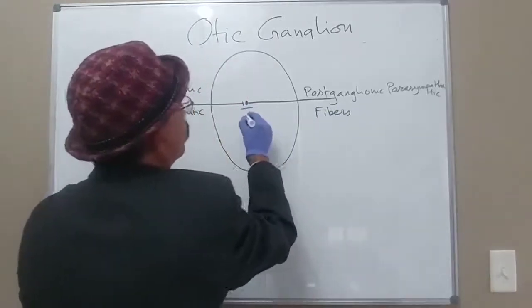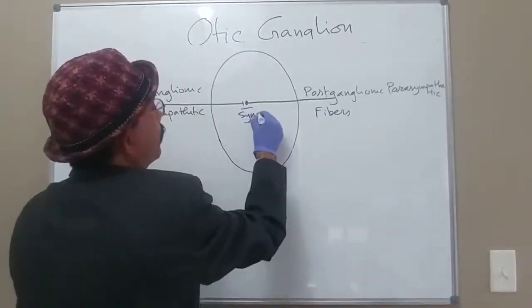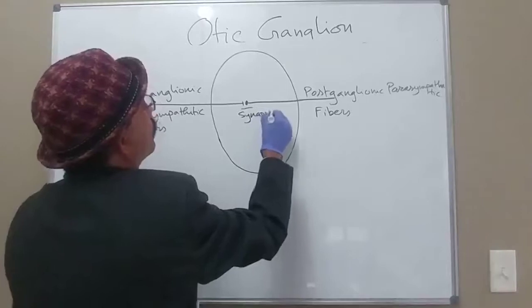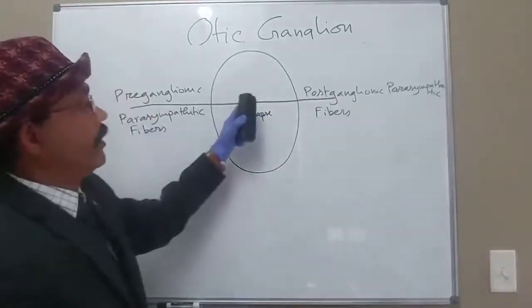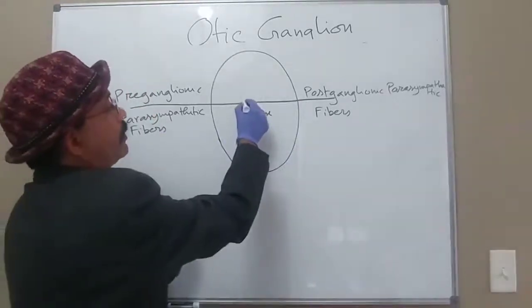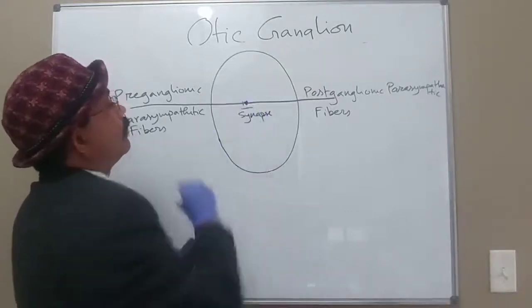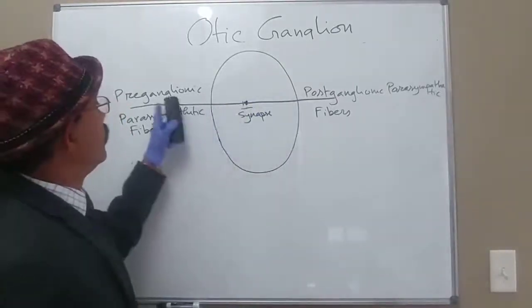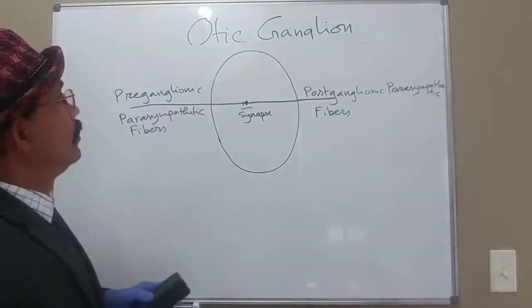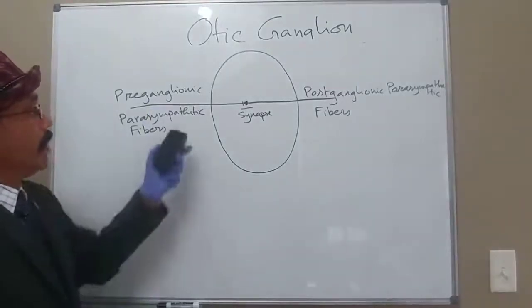This is the synapse. One nerve ends and another nerve begins here. Here is the postganglionic neuron. This is the axon from the preganglionic neuron. So this is the parasympathetic.